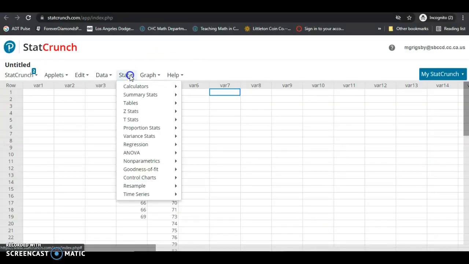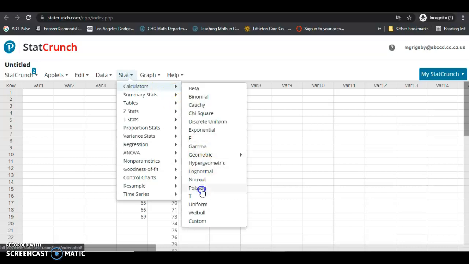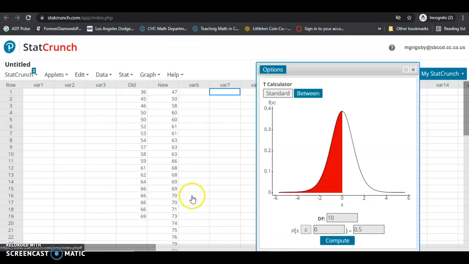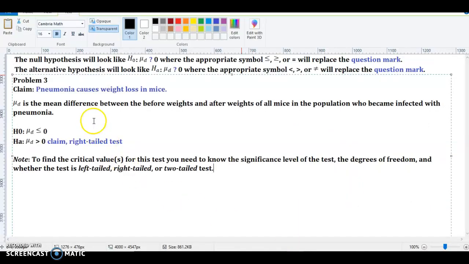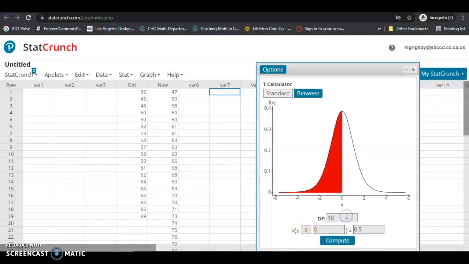So we're going to go to the stat menu, calculators, and select the t-distribution calculator. Select standard, since this is a left-tailed or right-tailed test. More specifically, this is a right-tailed test with 6 minus 1 degrees of freedom.